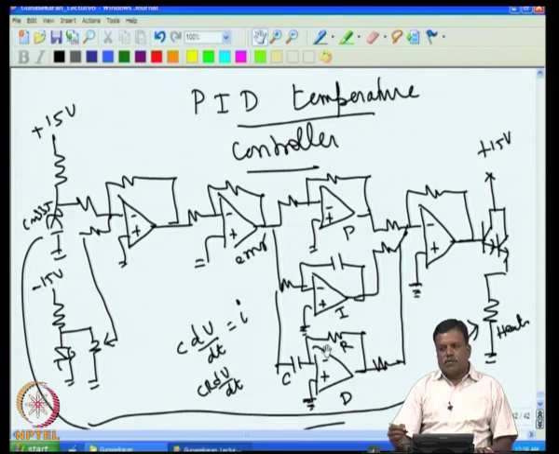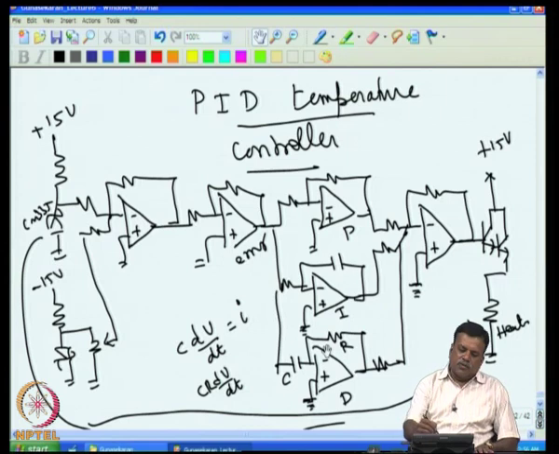Normally we try to make a sensor which is fast responding, because that is required; only then do we get a large ratio between the system time constant and the temperature sensor time constant. So the normal system time constant is larger and the sensor time constant is smaller. So we try to match the smallest time constant to the differentiator.